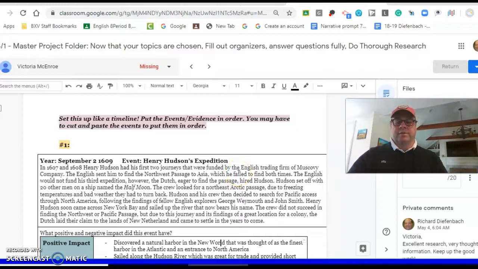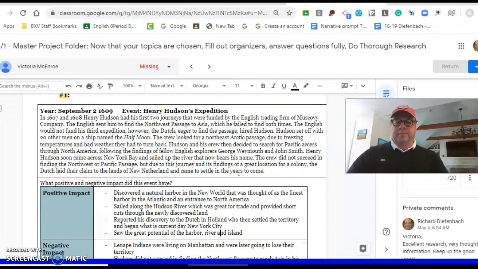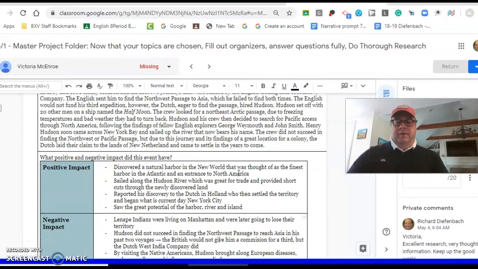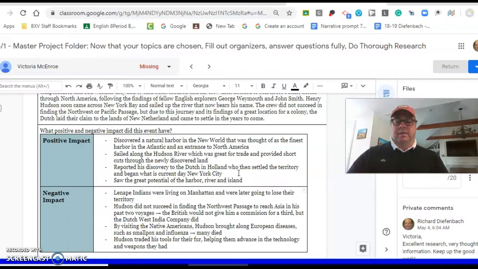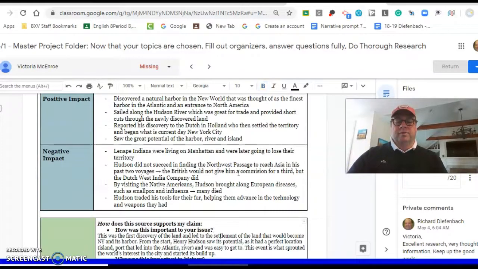So really important to use turning point type issues as events. So you put those in there. She has a lot of good information about the positive impact and the negative impact and how it impacted Native Americans, and also how it really did make it a trade capital here with its access to those ports.